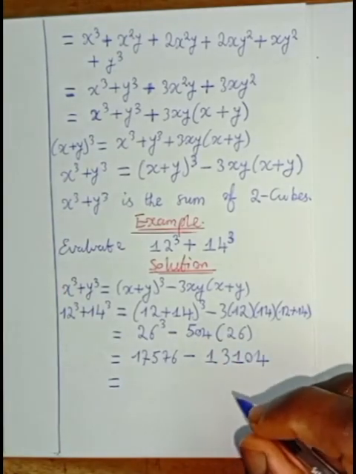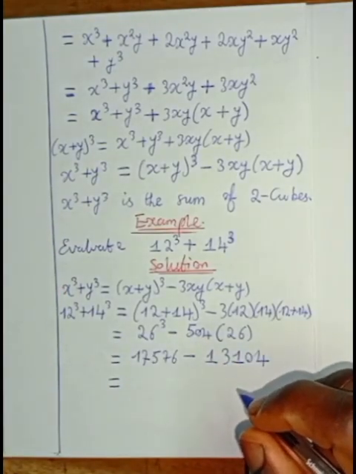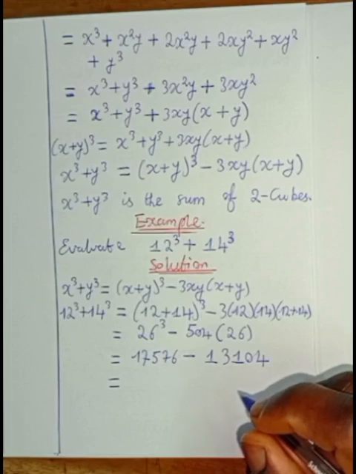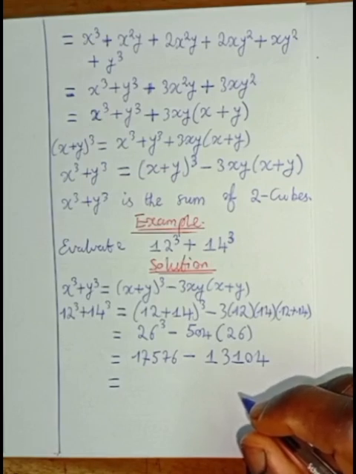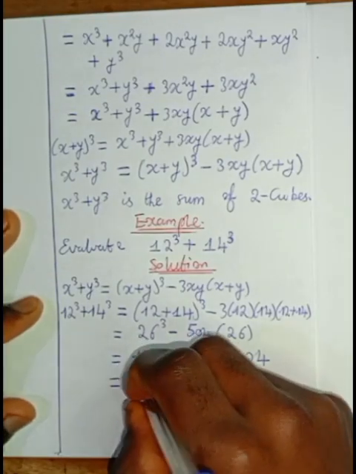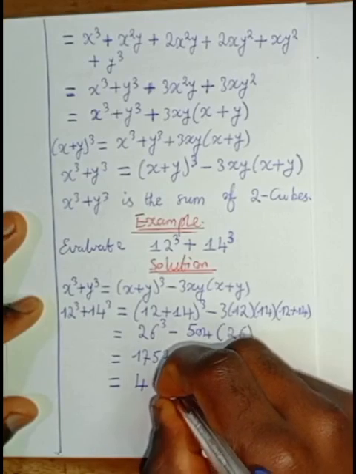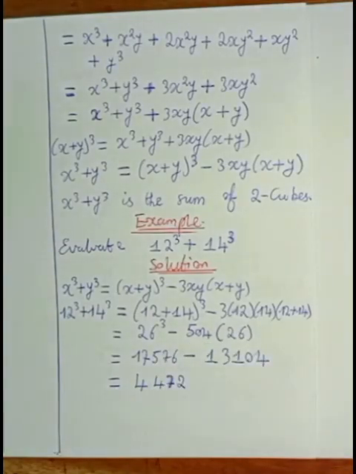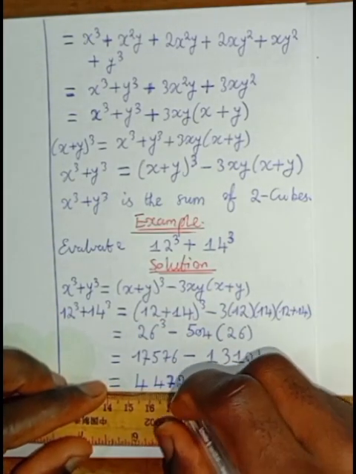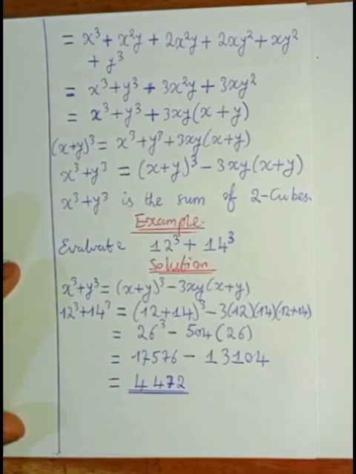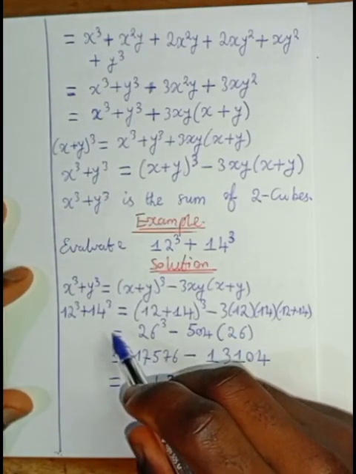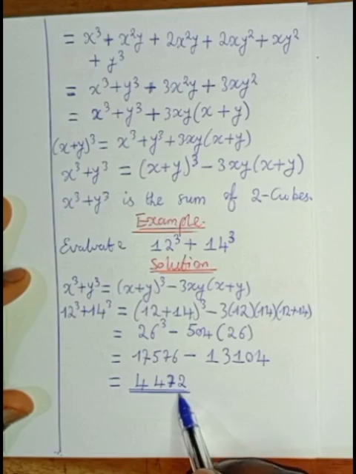This will simply be equal to 17,576 minus 13,104, which is simply equal to 4,472. This is the final answer. You can verify this using your computer or a calculator. You obtain the same result.